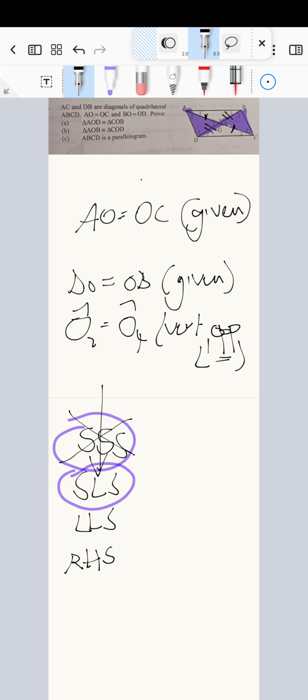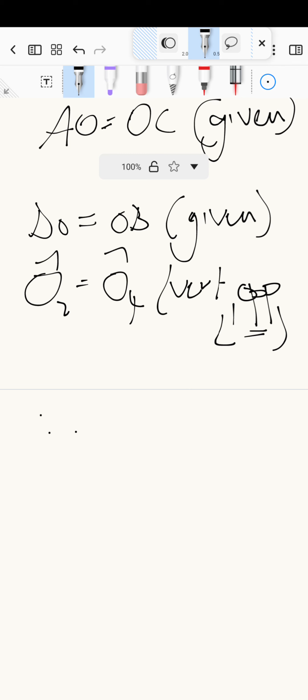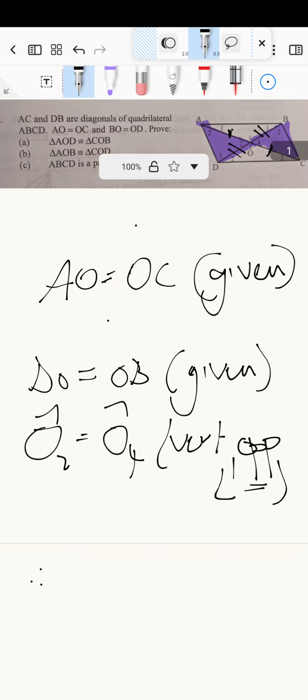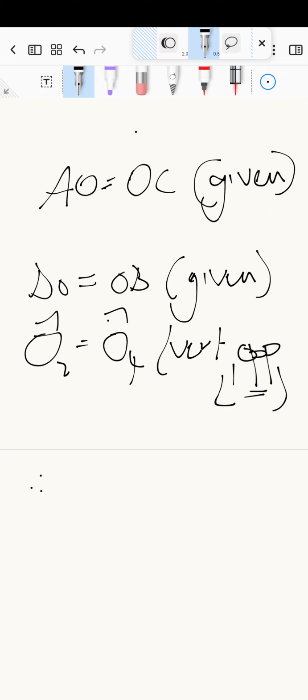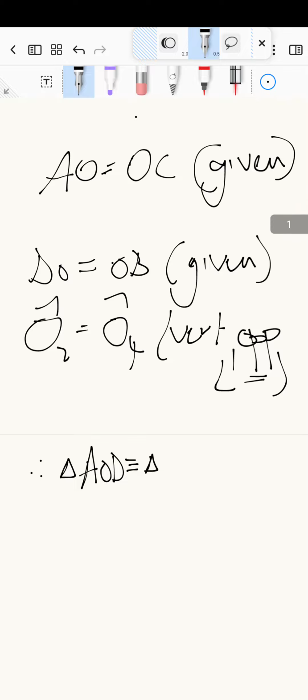So because of that, we are going to say therefore, right? So therefore, triangle AOD is congruent to triangle COB.